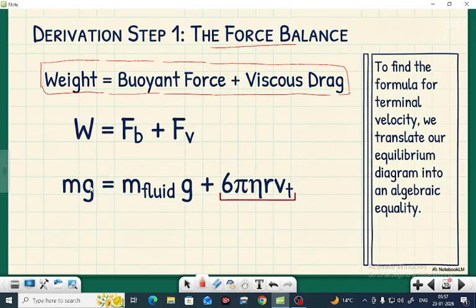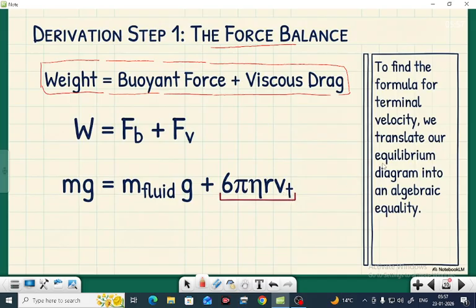Weight equal to mg, and force of buoyancy is mass of fluid replaced into g, plus 6 pi eta r Vt, where Vt is the terminal velocity.